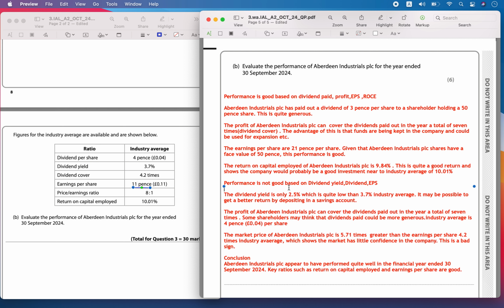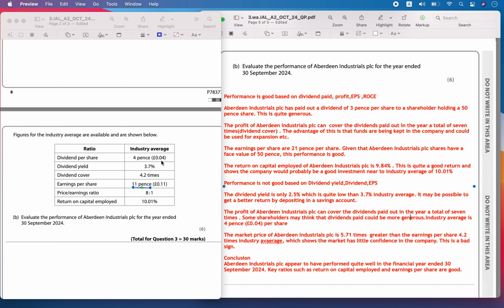You can say that one reason you might get a better yield is from another company, or from keeping it in the savings account. Then the profit of Aberdeen Industrial PLC can cover the dividends paid out in the year a total of 7 times. Some shareholders may think that the dividends could be paid more generously. The industry average is 4 pence.